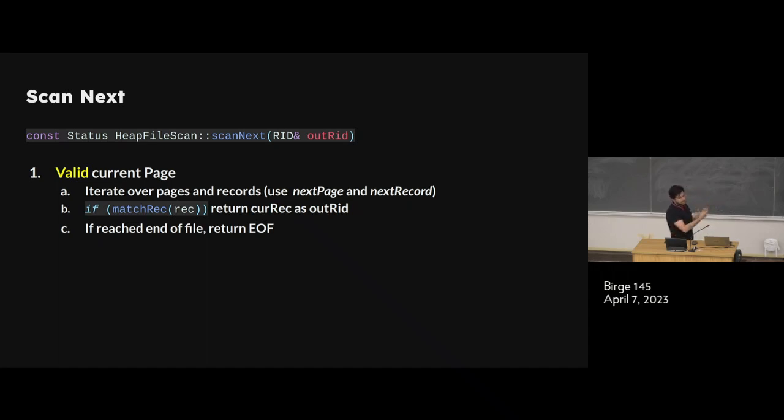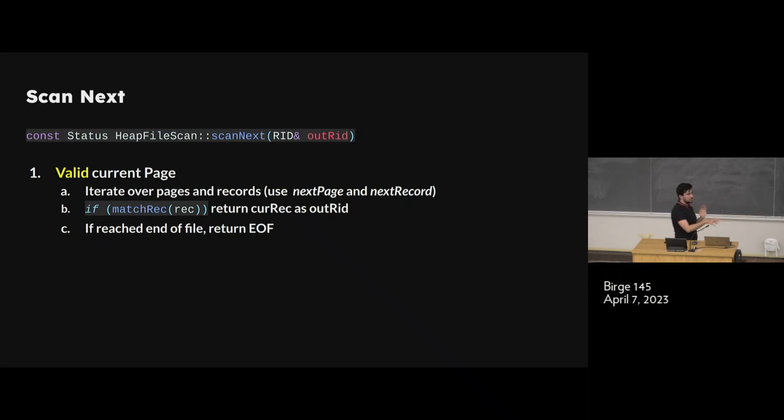What you'll do is iterate over the records of that page, and you'll try to match if the filter condition matches your current row or not. The way you do that is by calling this matchRec method. Whatever record you're currently looking at, you pass that into this matchRec function. If it gives you a return value of true, that means this current record matches the filter condition. Therefore, it is a valid response, so you return that. If it does not match, you move to the next record.